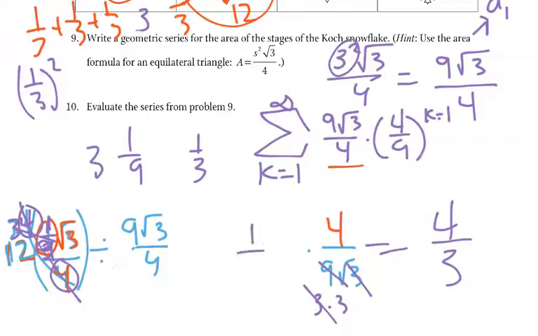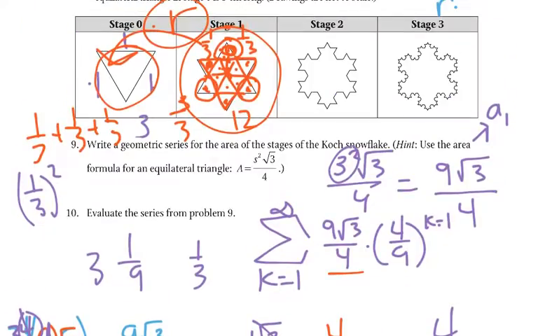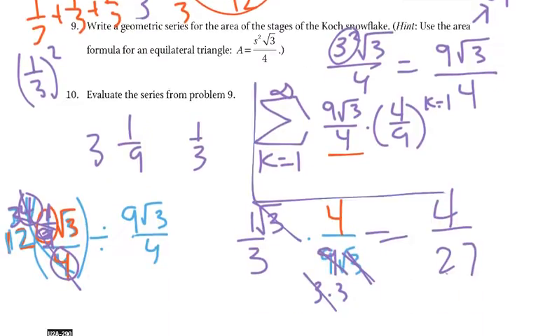So I'd have 1 over 3 times the square root of 3. Then the square root of 3's would cancel. I'm left with the 9 right here, and that would give me 27. Well, regardless, that's not part of the problem we're actually doing. That's something different. So we'll just go with this as our geometric series piece.